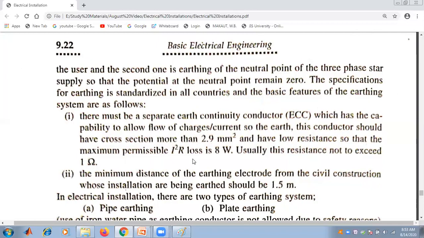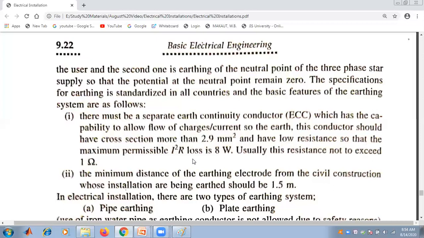So this is the first one: there must be a separate earth continuity conductor, that is ECC, which has the capability to allow flow of charge or current to the earth. This conductor should have a cross section of more than 2.9 millimeter square and have low resistance so that the maximum permissible I square R loss is 8 watt.